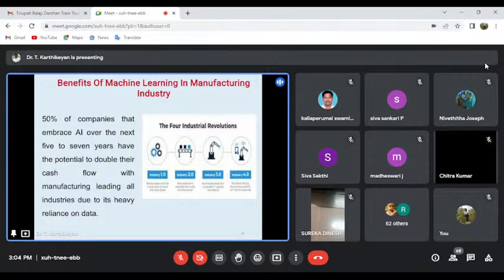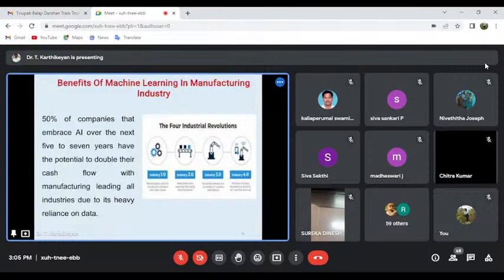If there is some deficiency in the items, it will be stored in the system. Once the faulty items are on the conveyor belt, the system itself will find them and they will be removed automatically by the machines. So human intervention can be avoided and manpower can be reduced. This is one of the important applications in the manufacturing industry.